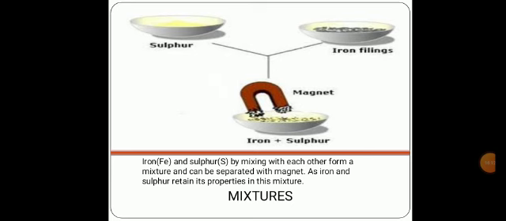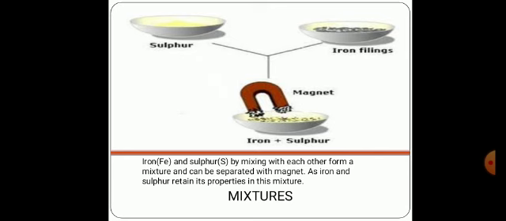Now we can separate a mixture by physical methods, for example sulfur and iron filings. When sulfur and iron filings are physically combined together, they form a mixture of iron plus sulfur.